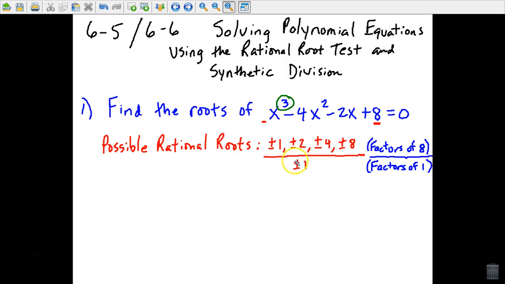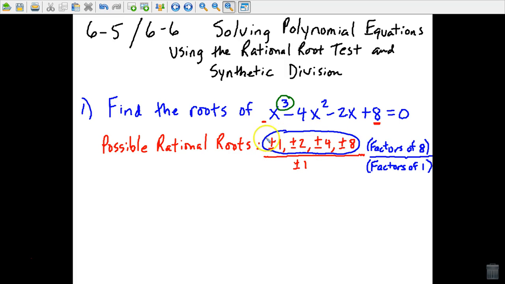Well, the factors of 1 are pretty easy. That's just positive 1 and negative 1. Okay? So that fraction represents all of the possible rational roots. And since it's basically over 1, we can think of all of our possible rational roots as being these 8 numbers. Positive and negative of 1, 2, 4, and 8.